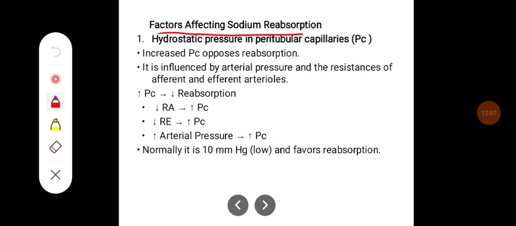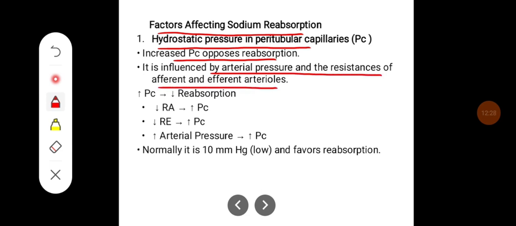The factors which affect sodium reabsorption: first, the hydrostatic pressure in the peritubular capillaries. Increased hydrostatic pressure is going to oppose the reabsorption, and it is influenced by the arterial pressure and the resistances of the afferent and efferent arterioles.